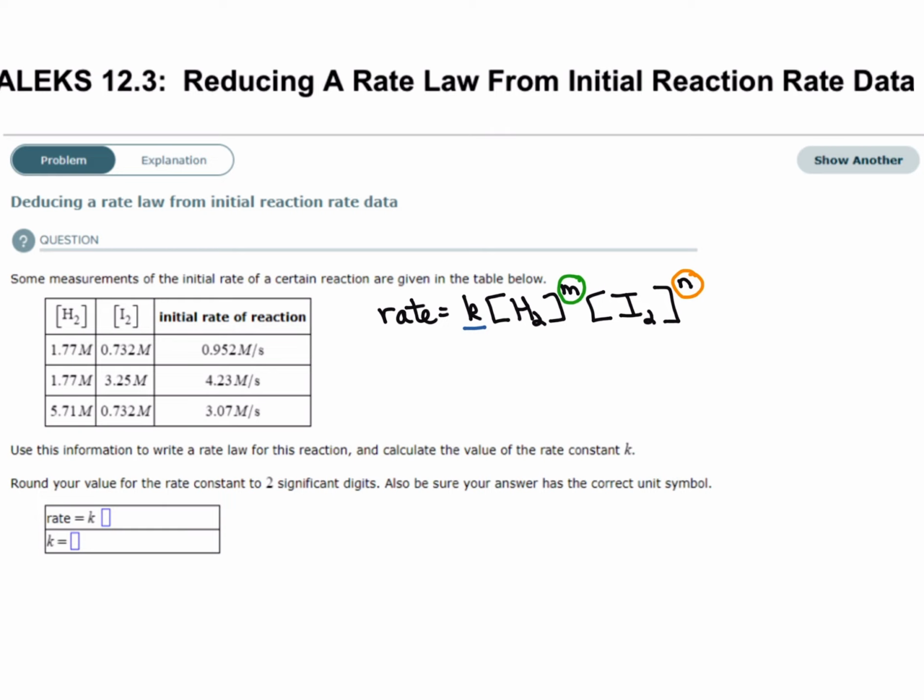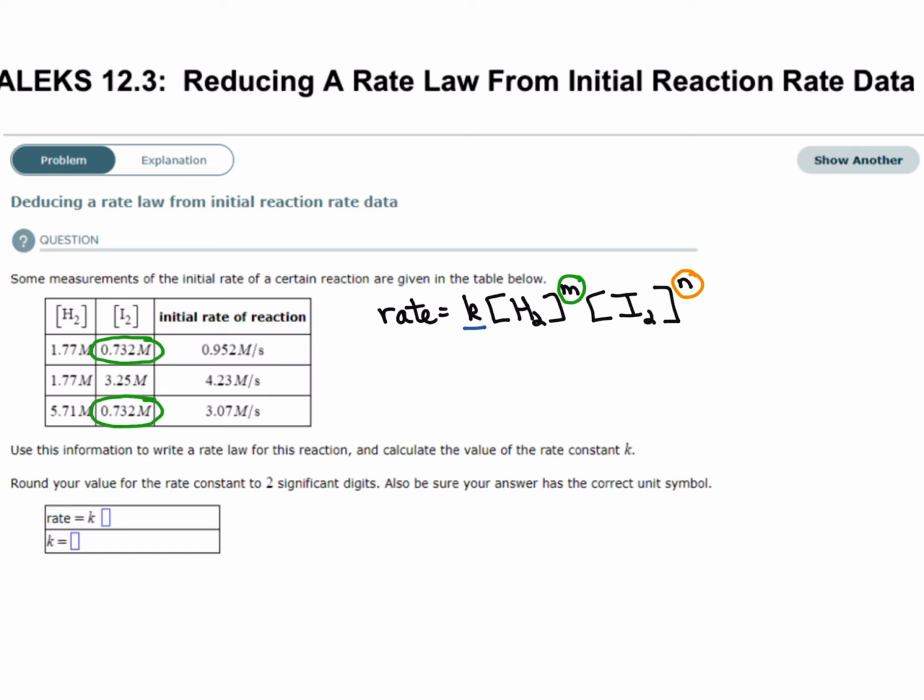For us to solve for m, we want to try to cancel out the concentrations of I2. Take a look at our table. In trial 1, our concentration for I2 is 0.732, and our concentration in trial 3 for I2 is 0.732. So for us to solve for m, I want to cancel out the n, the I2 concentration.